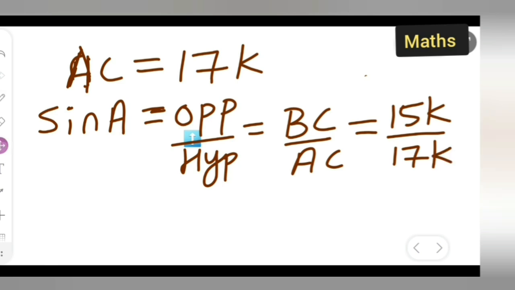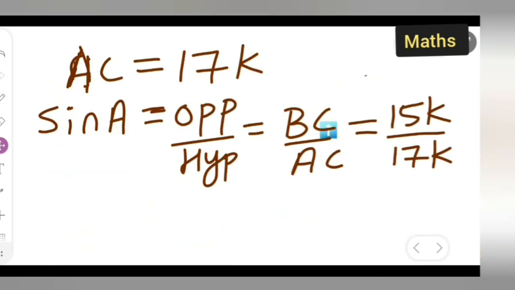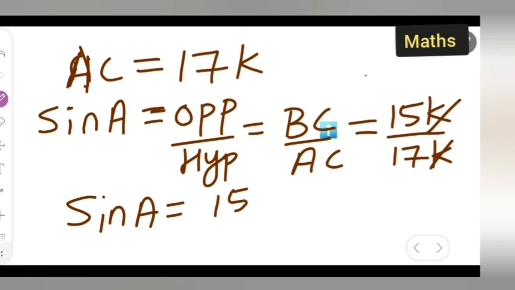We know AC is 17k over here, and BC we got from here, that is 15k. So here this k and k will get cancelled. Therefore, what is sine A? You are left with 15 upon 17.